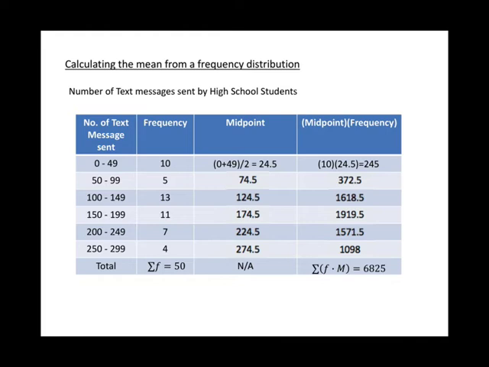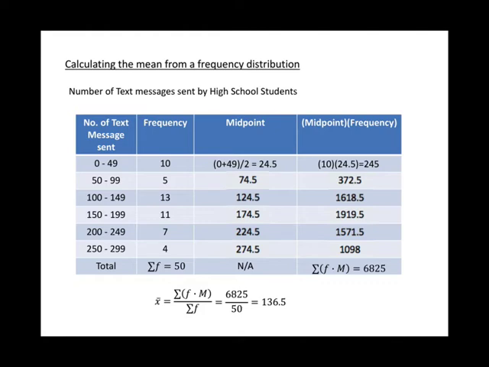Okay, we want to find the mean from a frequency distribution. So the formula is: mean equals the summation of frequency times midpoint, divided by the summation of frequency. We plug in these two numbers here, which gives 136.5.